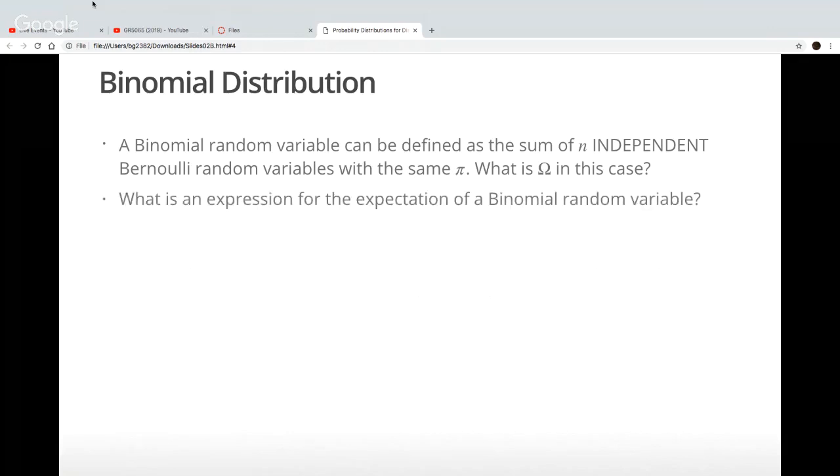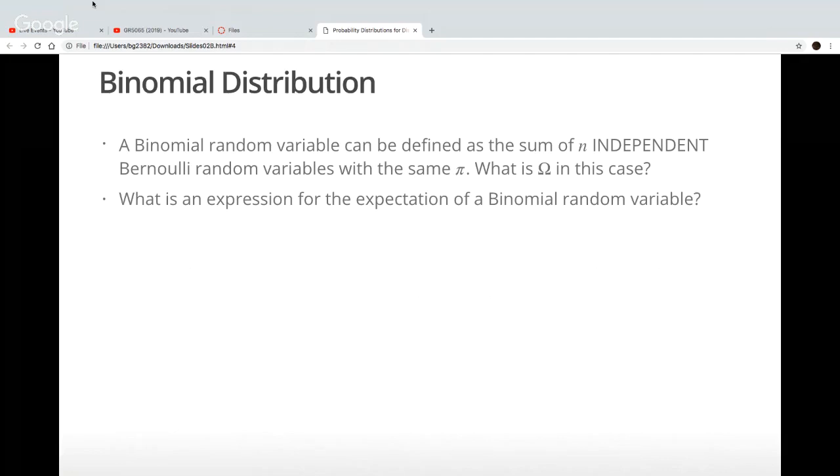So what would be an expression we could use for the expectation of a binomial random variable? N choose k times the probability of success to the k times the probability of failure to the n minus k.